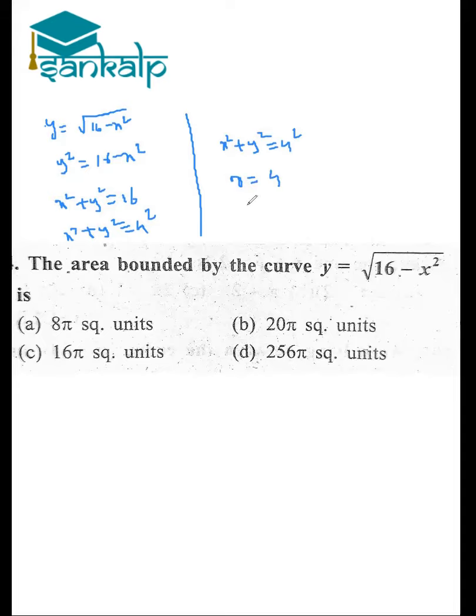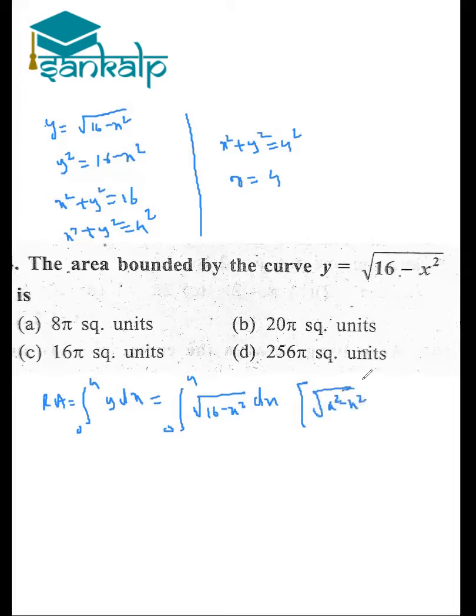So here x is changing from 0 to 4. So the required area will be equal to integral from 0 to 4 of y dx, or on simplifying we get 0 to 4 integral of root of 16 minus x square dx. So here we are using the formula for integral of root of a square minus x square, a special type formula.